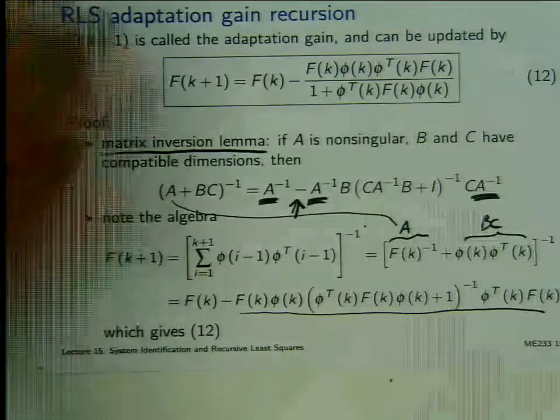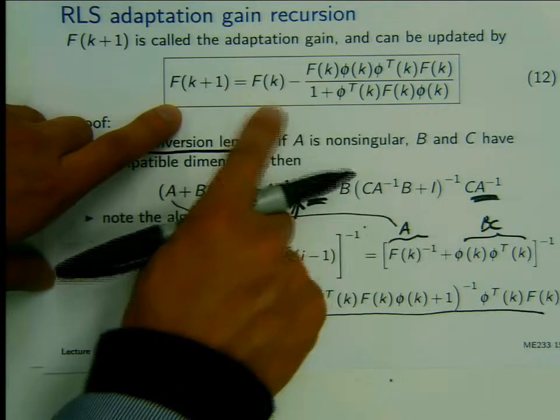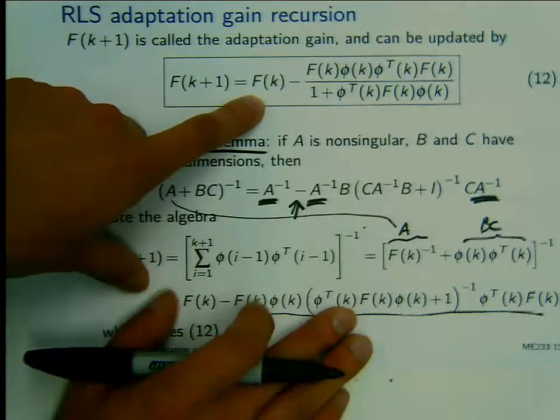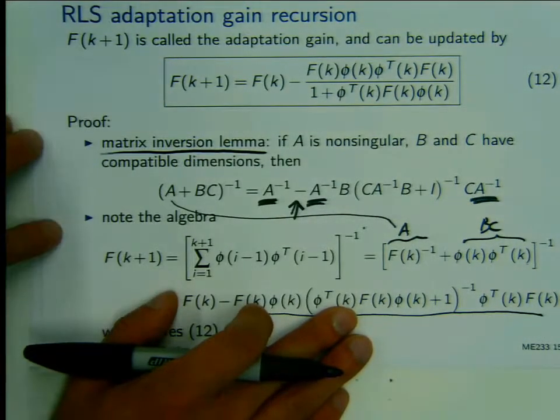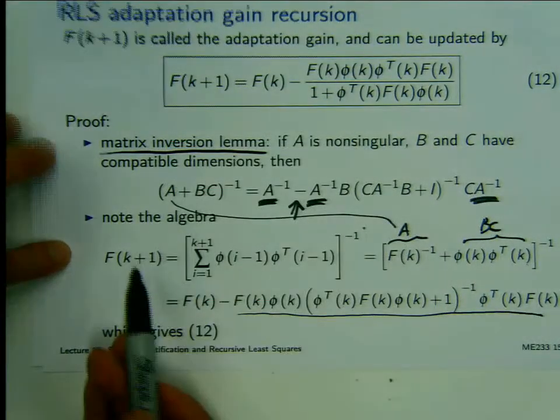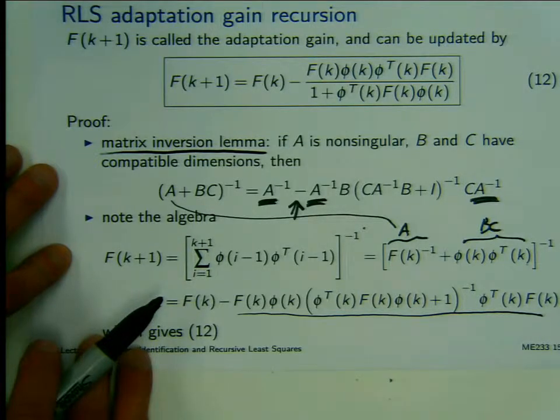And this equation is exactly telling you how to calculate Fk plus 1 based on all the, you don't need to do the inversion, just use this. Okay? And the detailed steps of obtaining this is just doing this matrix inversion lemma. Okay?